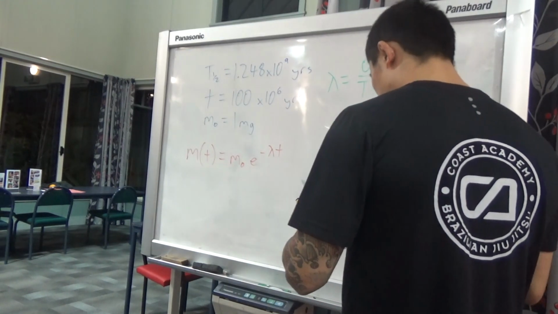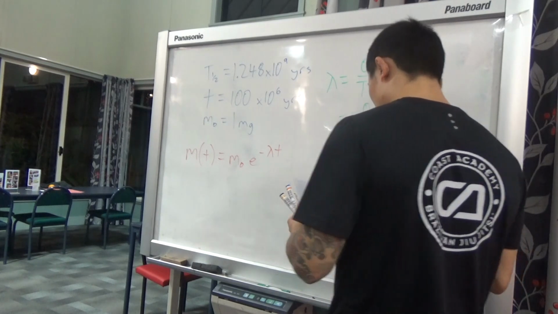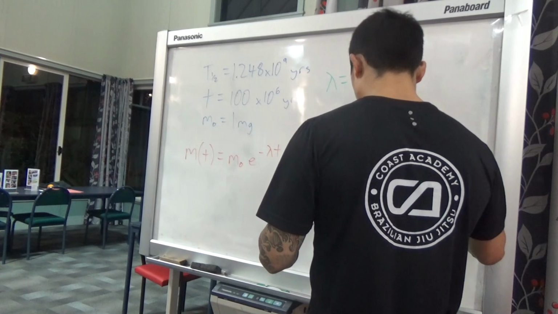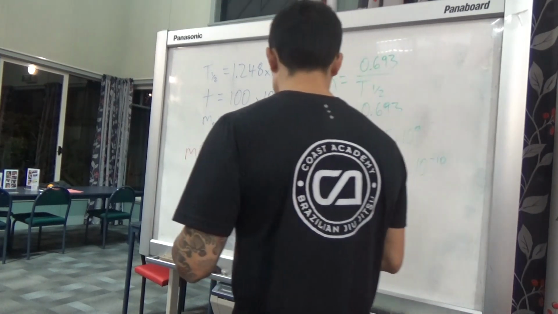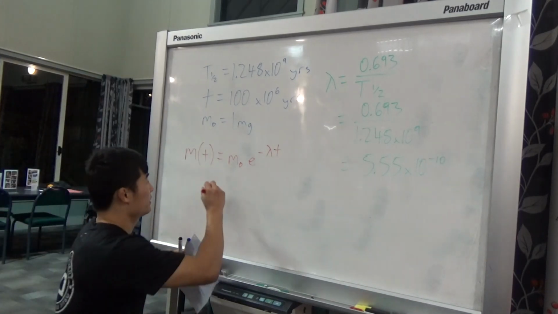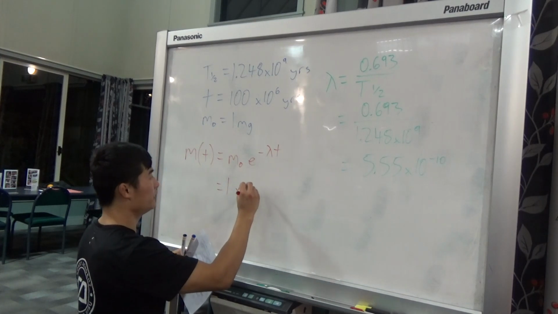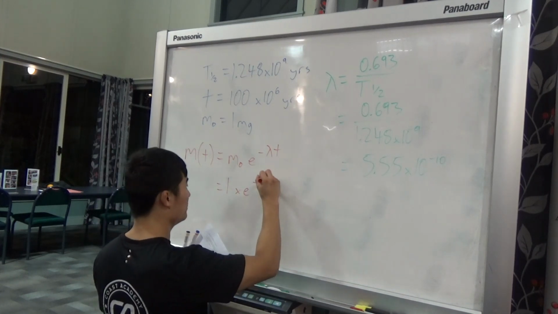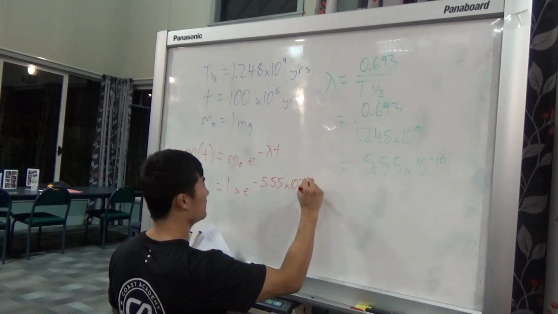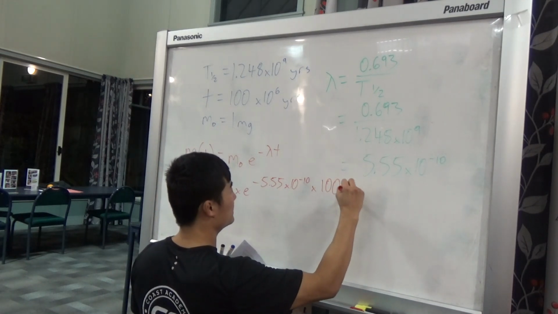And that will be 5.55 times 10 to the negative 10. So that's our decay constant. So the original mass was 1 milligram times e to the power of negative decay constant, 5.55 times 10 to the negative 10, times the time, which is 100 times 10 to the power of 6.